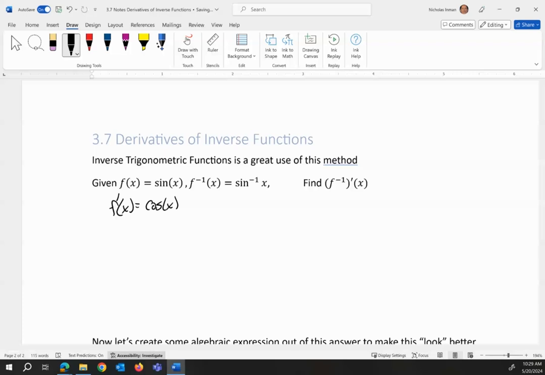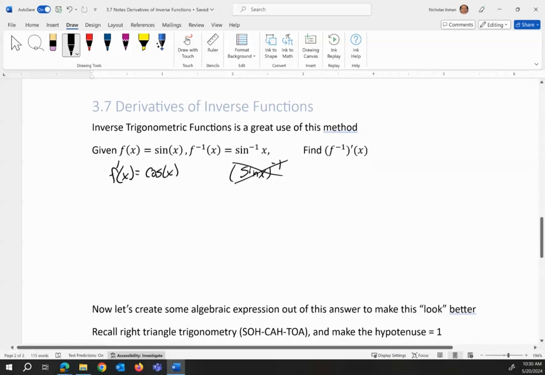That is not something that we know. This -1 that's on the sine is not an exponent. That's not like a chain rule type of problem. That -1 means the word inverse. So I can't really just apply a chain rule. I can't apply a power rule. That is not something that we have the inverse for.